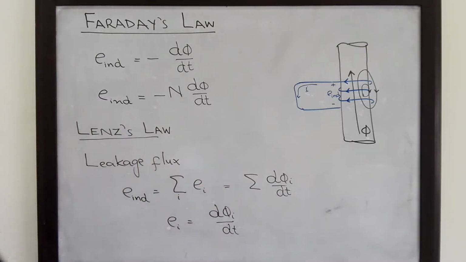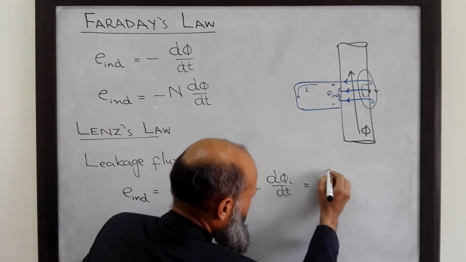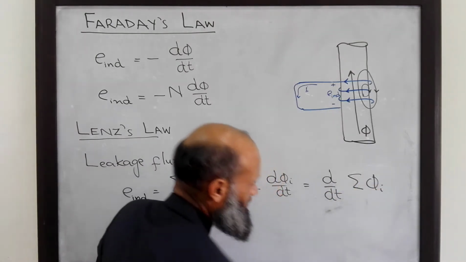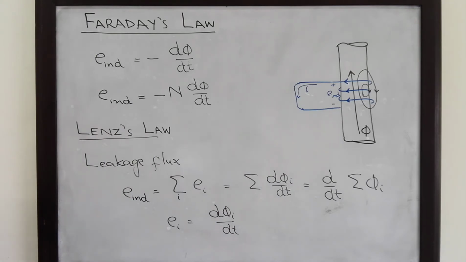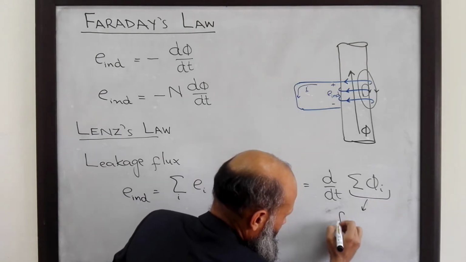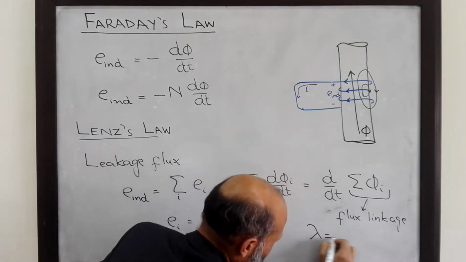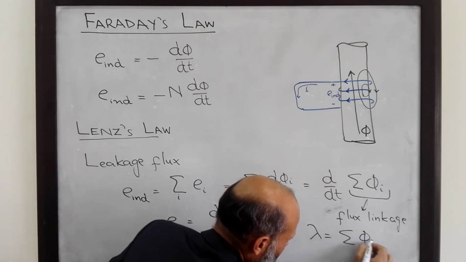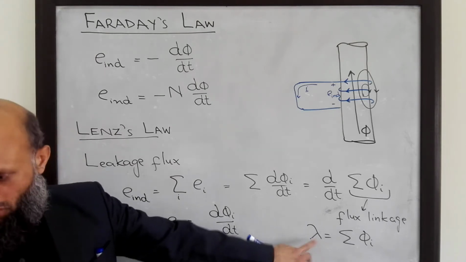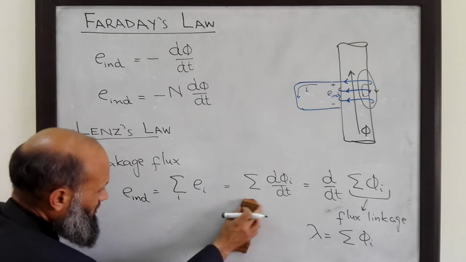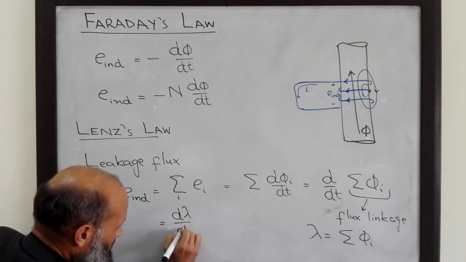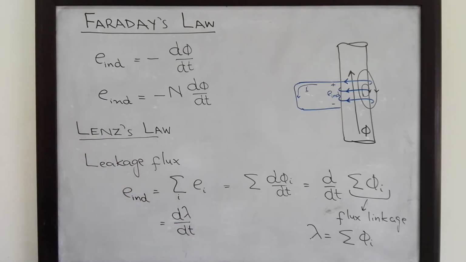That is, this is equal to d by dt of the sum of flux linking with each turn of the wire. This sum is called flux linkage, denoted by lambda. Lambda is equal to the sum of flux linking with each individual turn. With this definition of flux linkage, the total induced voltage is also equal to d lambda by dt, where lambda is the flux linkage.